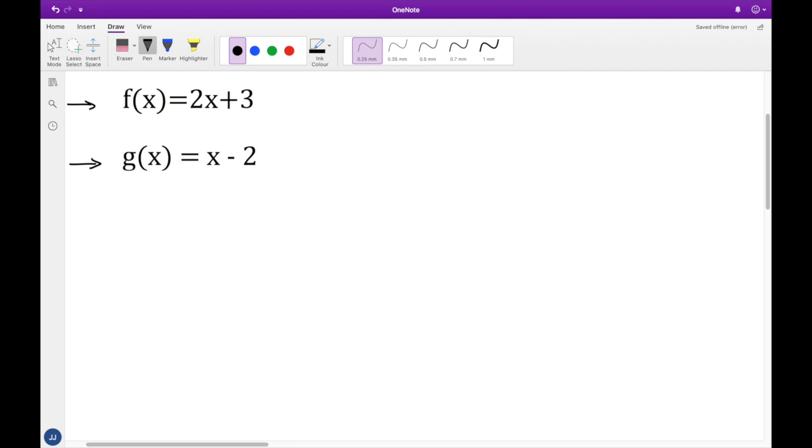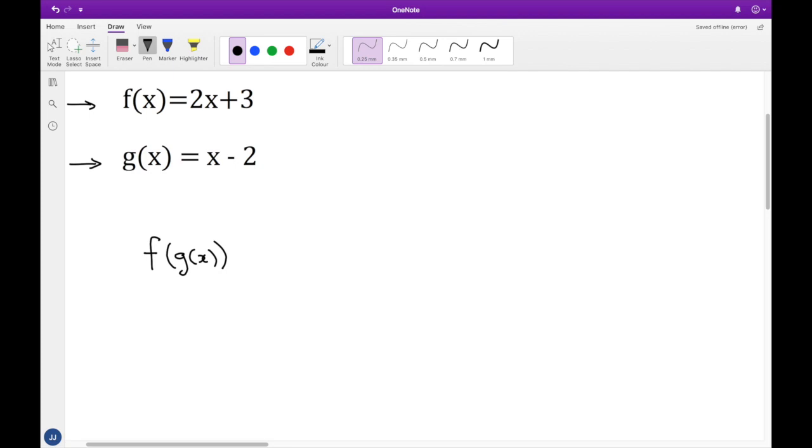Now, please remember what we were just talking about, that anything that I put in this bracket here, I will replace x with it, yeah? So if I had put 1 inside of this bracket here, then I would put 1 where x is. So what if I wanted the f of the g of x? Kind of blows the mind, right?